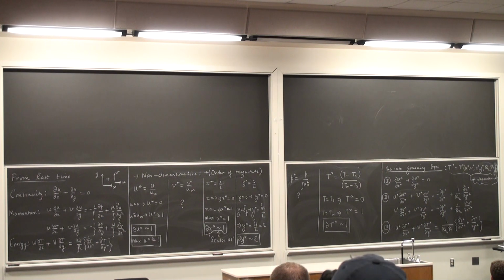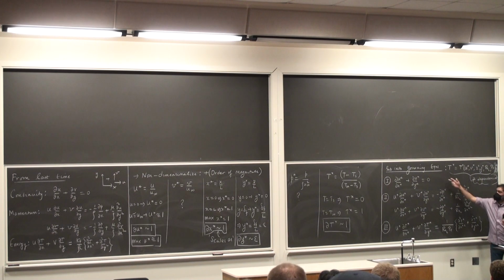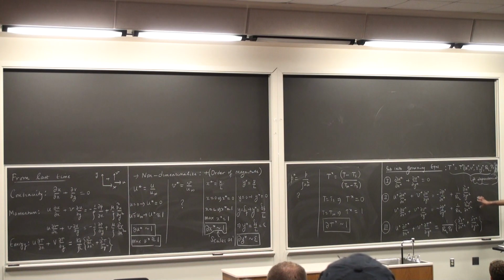What you will have at the end of the day is a partial differential equation in x and y. For u and v, I'm going to have two equations, the continuity and one of these equations. For temperature, I'm going to have a PDE that I'll solve from here. The solution of the first two gives me the boundary layer thickness. The solution of the third one gives me the convective heat transfer coefficient.